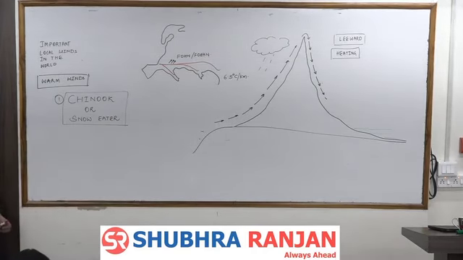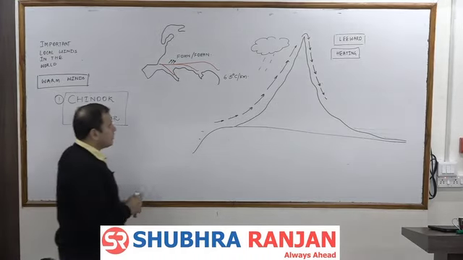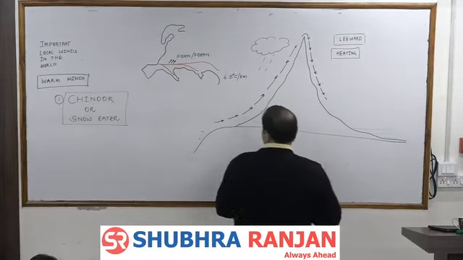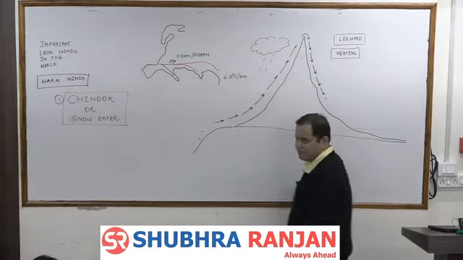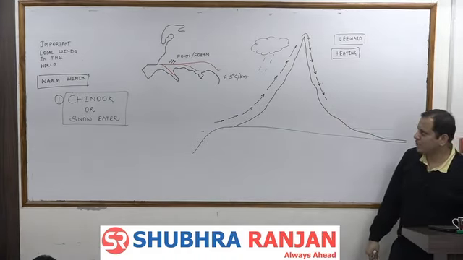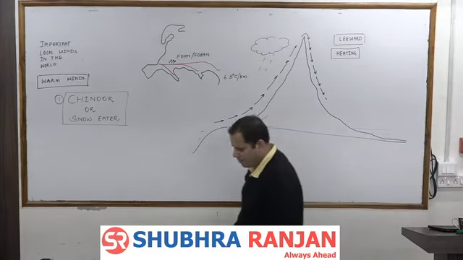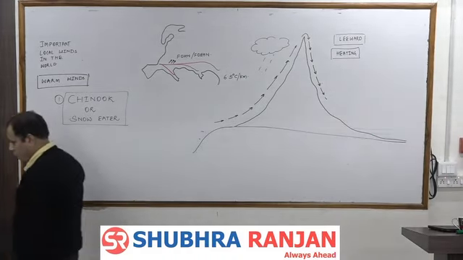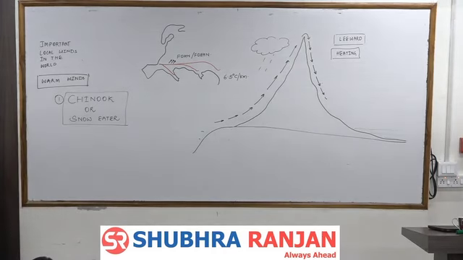Next point. Similar wind which flows on the northern slope of the Alps is known as faun.